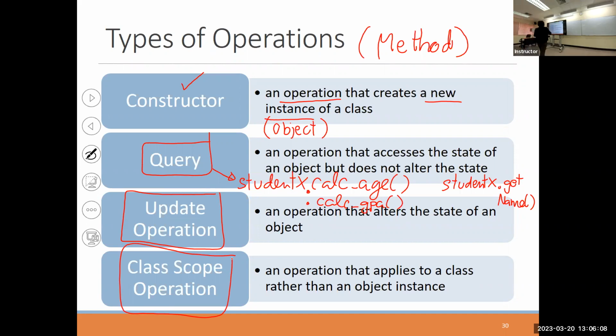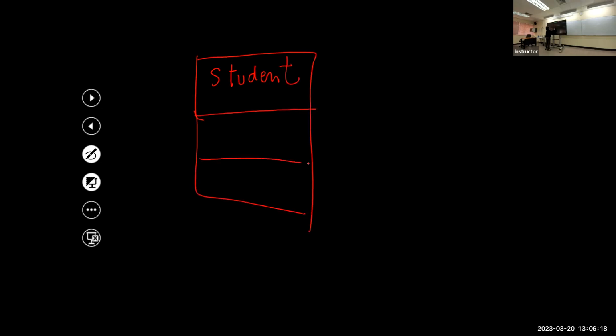Usually, if we say that we have a class student, right? It has three parts. When the notation is that when we create an object, sorry.